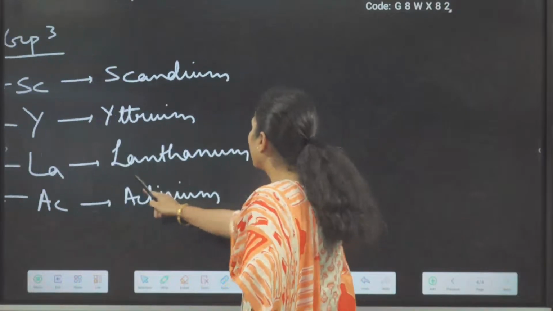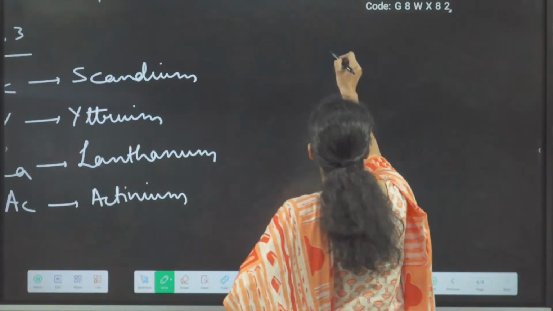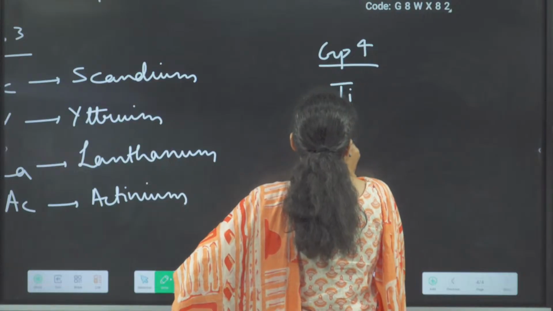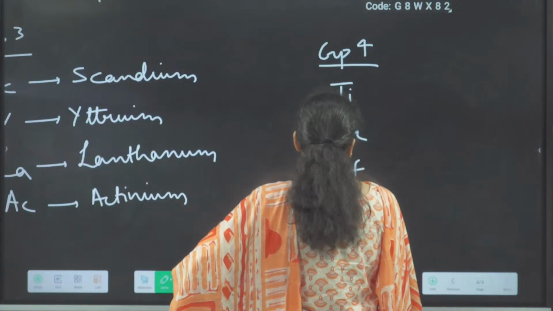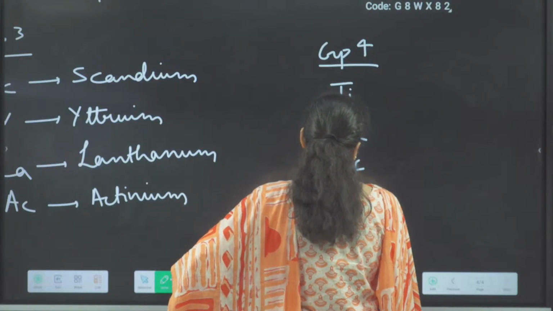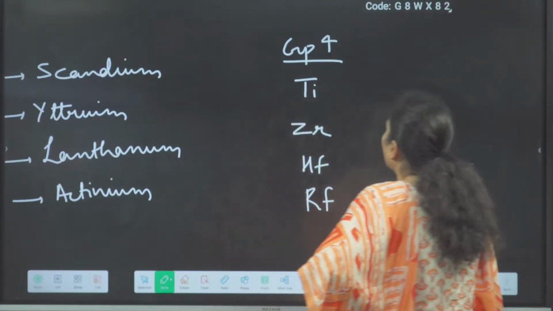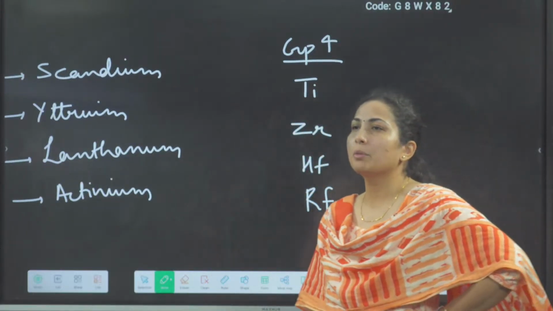Now let us go for group 4. Now the thing is, Ti is symbol for which element?